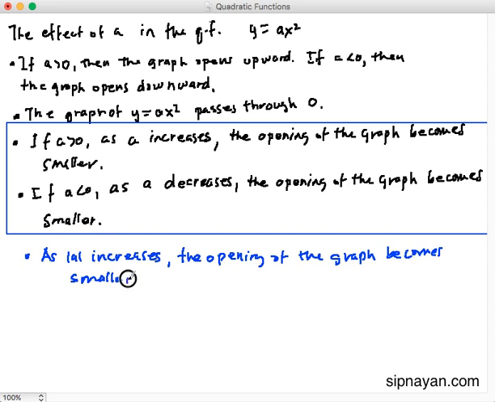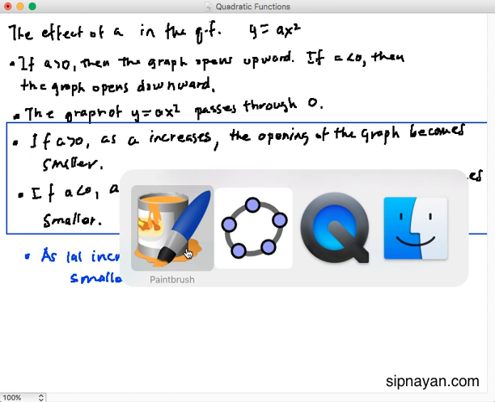Bakit increases lang? Bakit walang decreases? Kasi pag dinecrease mo yung value dito ng A, yung absolute value niya, nag-i-increase din yan. So, kaya parehong increase, whether positive or negative, no?